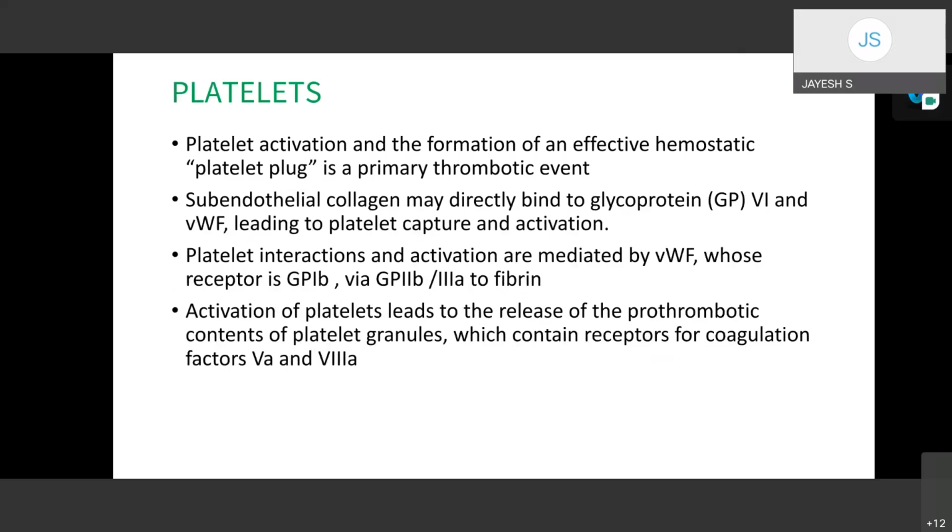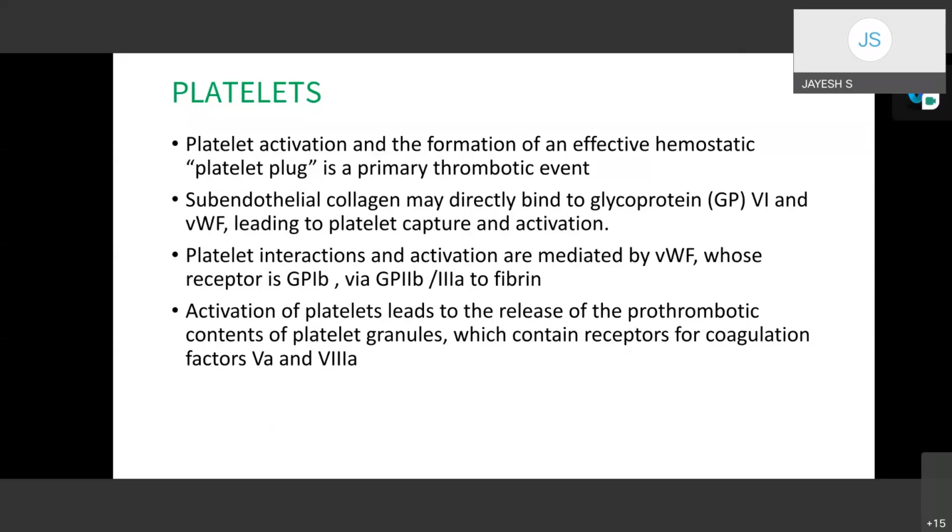Coming to platelet activation and formation, this is a primary thrombotic event in a coagulation episode. Subendothelial collagen may bind directly to glycoprotein 6 and von Willebrand factor, leading to platelet capture and activation. Platelet interactions and activation are mediated by von Willebrand factor.